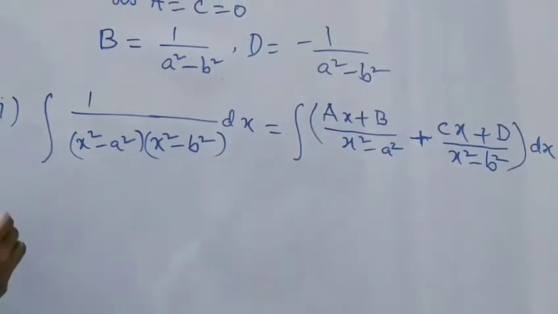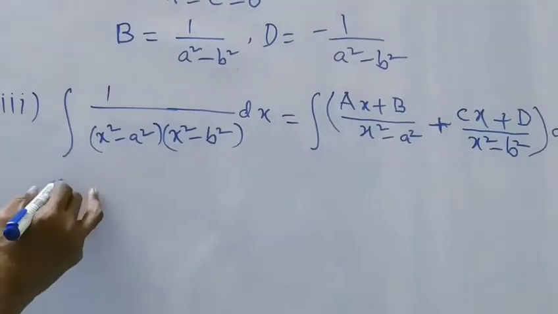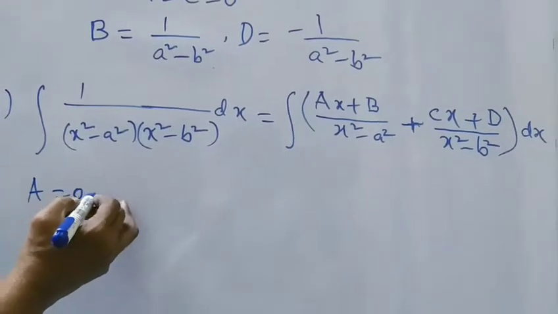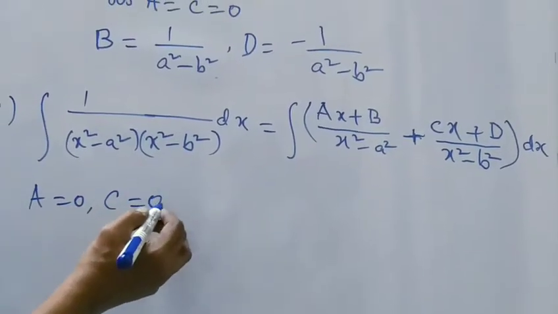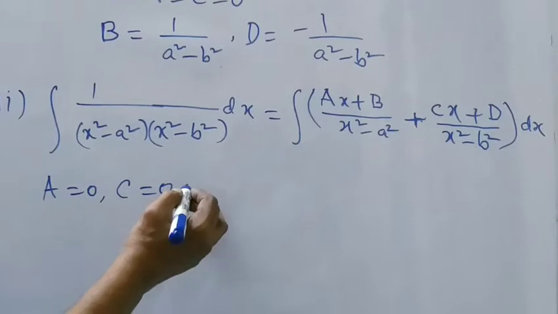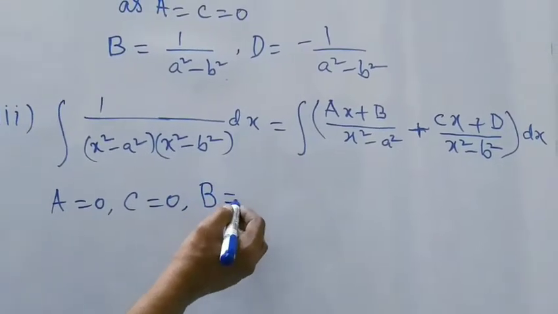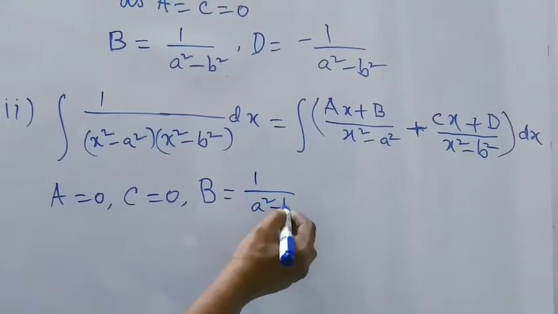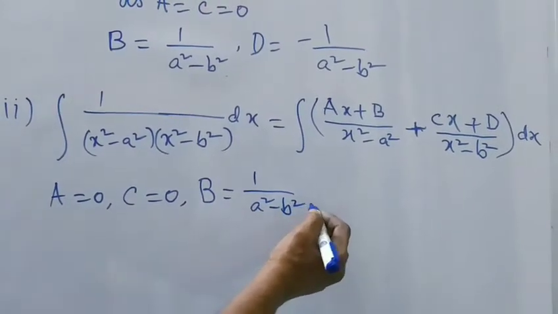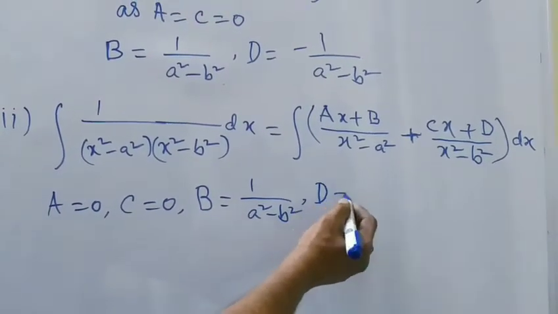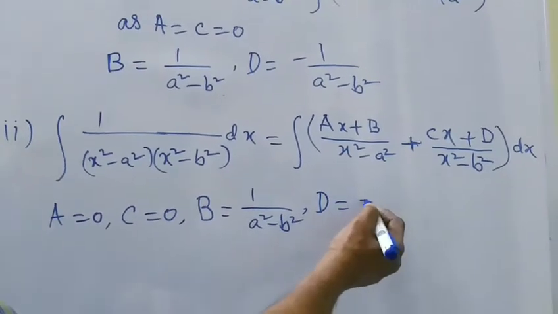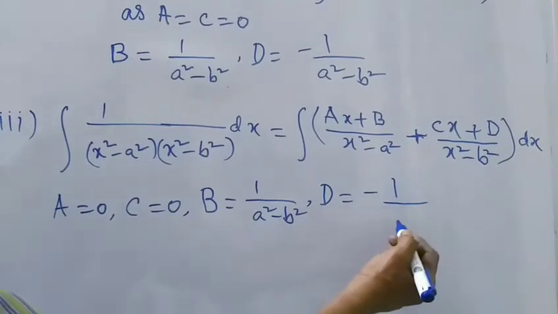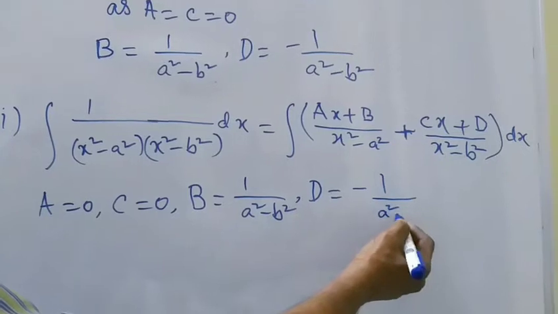Here a is equal to 0, c is equal to 0, b is equal to 1 by a square minus b square, d is equal to minus 1 by a square minus b square.